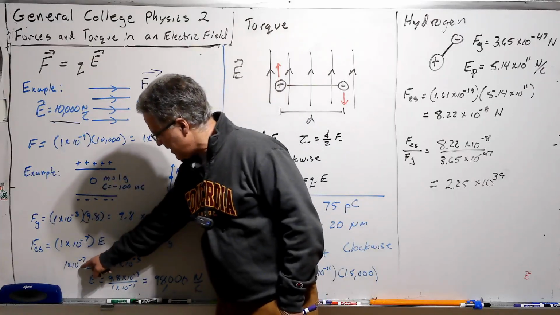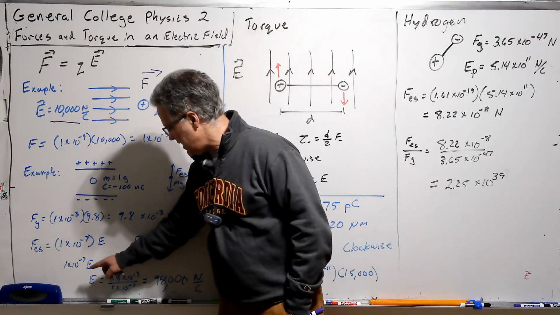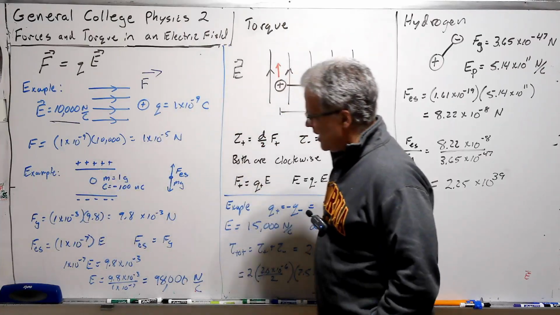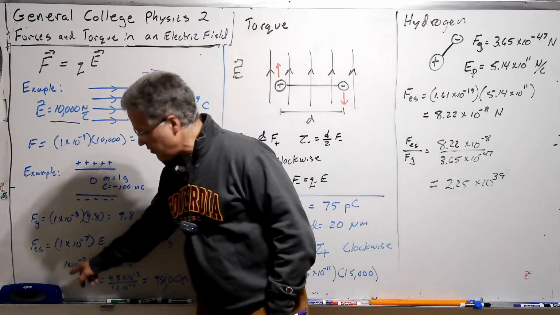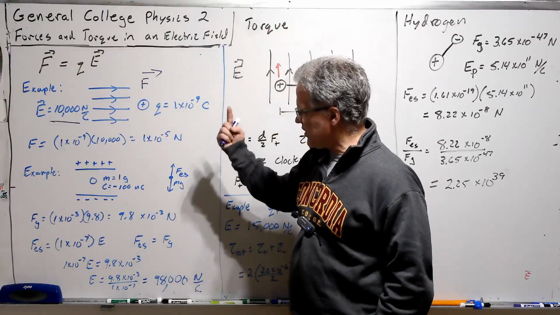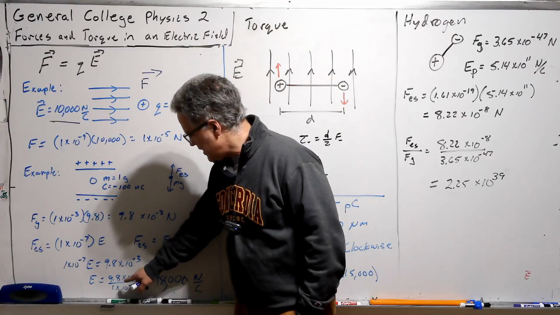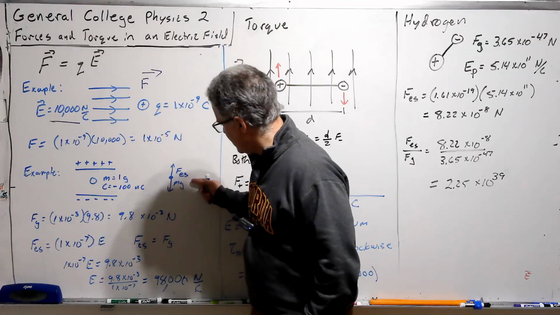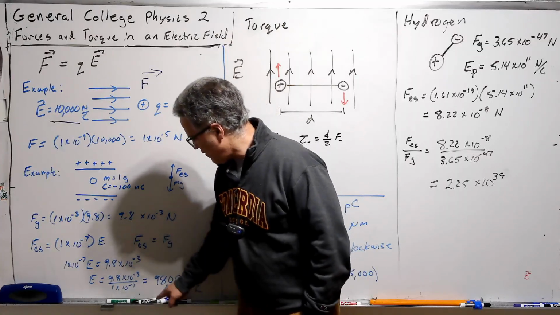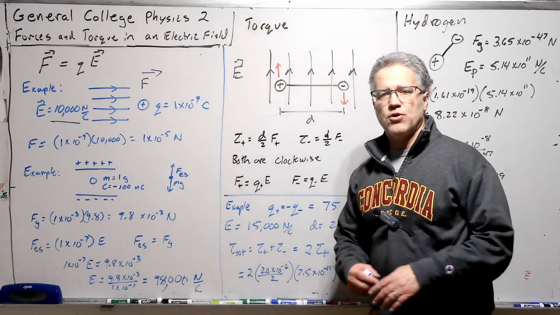So we get 1 times 10 to the minus 7, because it's 100 nanocoulombs, times E, and notice I'm not using the minus here because we're comparing the magnitudes. We already have the direction. We know this is going to go up, and the weight force is going to go down. So this is equal to the weight force. I solve for E, and we get 98,000 newtons per coulomb.